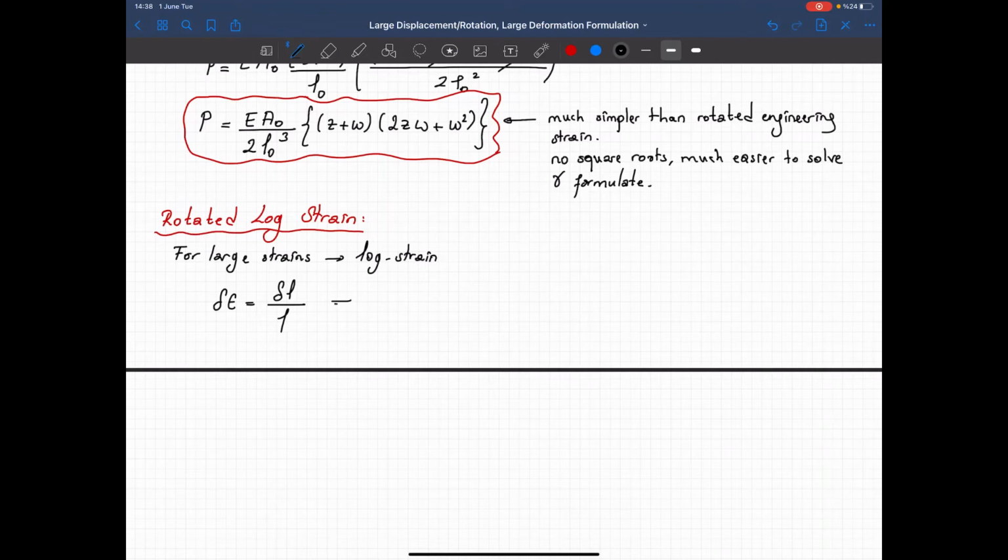And from that expression, we obtain the log strain, integral from L0 to Ln of dL over L, and this will give me log of the final length divided by the initial length.